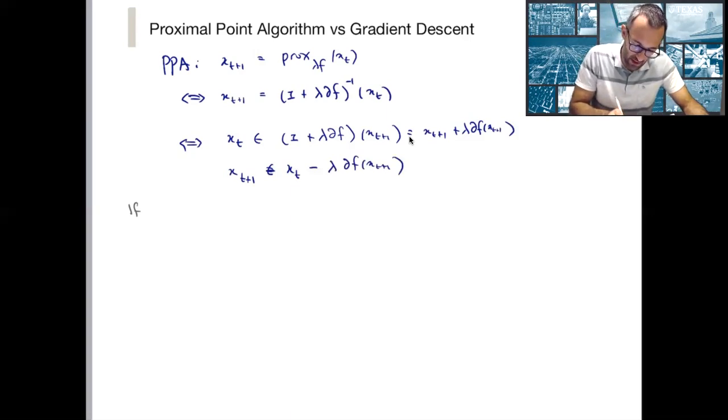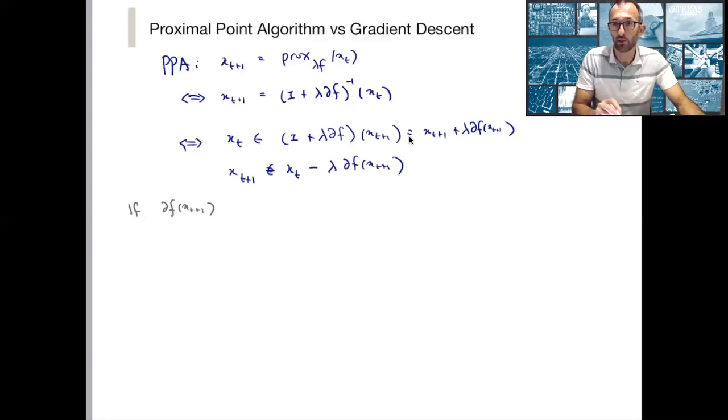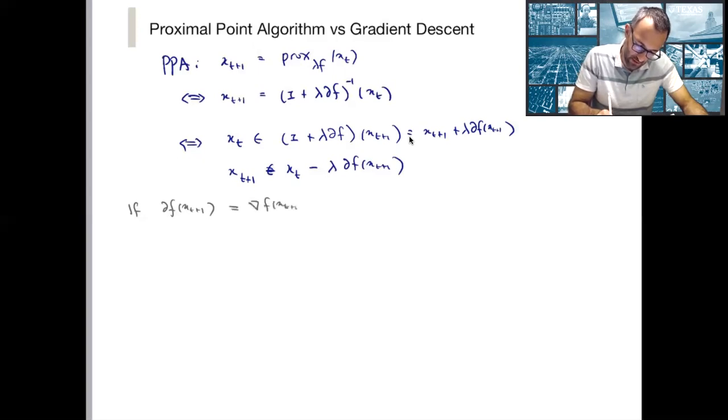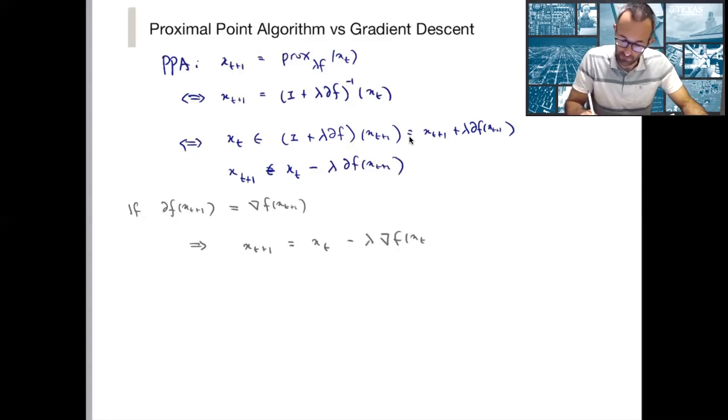If this is single valued, in other words, if our function f is differentiable, then this is just the gradient. And so what do we have? We get that x_{t+1} is equal to something that looks familiar, except it has a small difference: x_{t+1} is equal to x_t minus λ times the gradient of f at x_{t+1}.